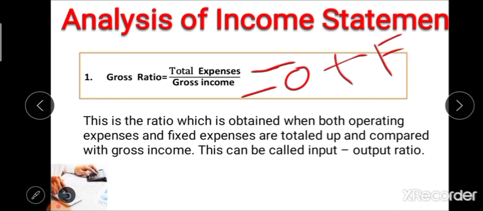It shows the relationship between total expenses and gross income. This ratio is obtained when both operating expenses and fixed expenses are totaled up and compared with gross income. Total expenses are operating expenses plus fixed expenses. This gross ratio is also called the input output ratio.